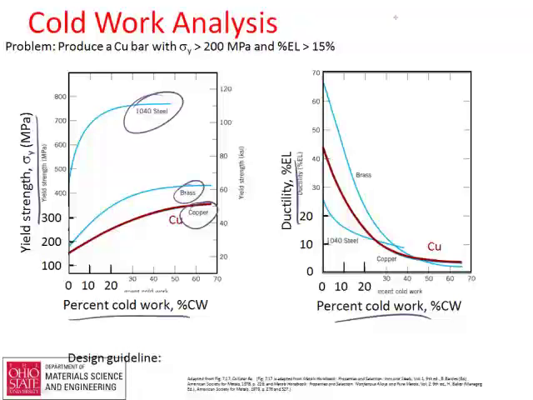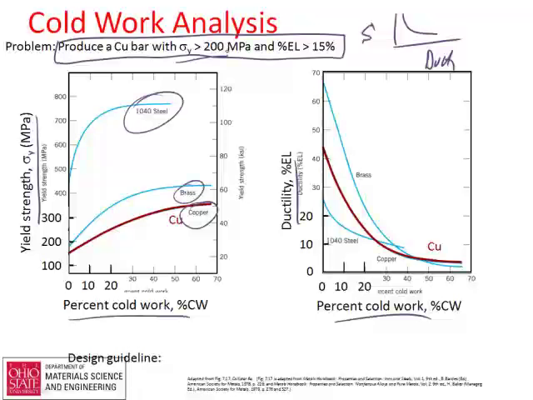So usually if you plot strength on one axis and ductility on another, you get some sort of a plot like that. So you could say, okay, here's a problem: produce a copper bar with a yield strength over 200 megapascals and elongation over 15%.